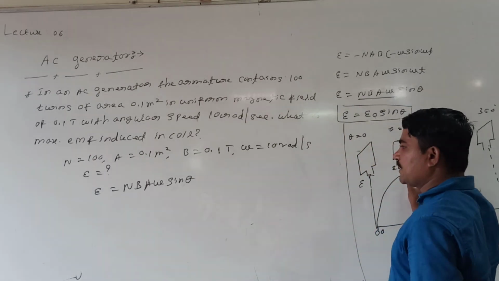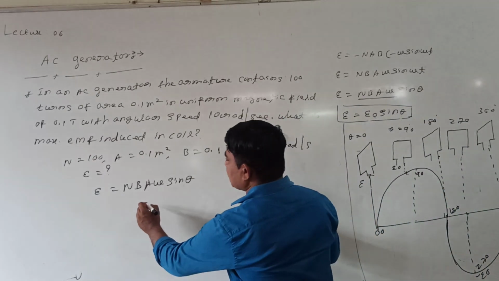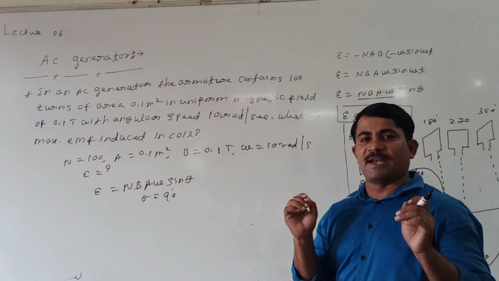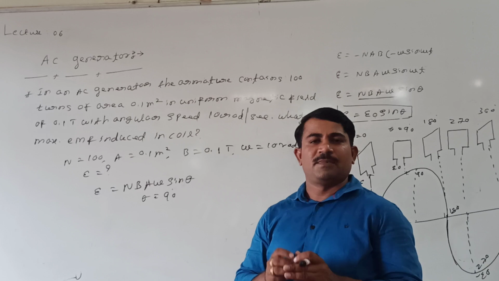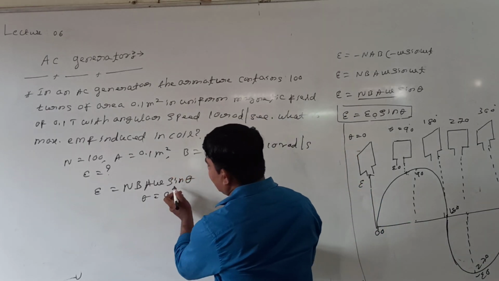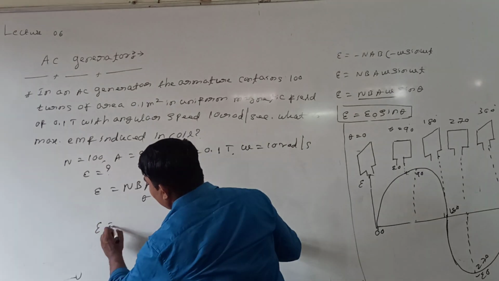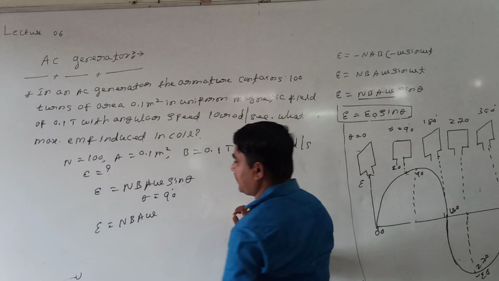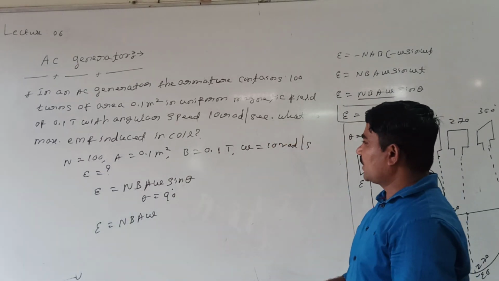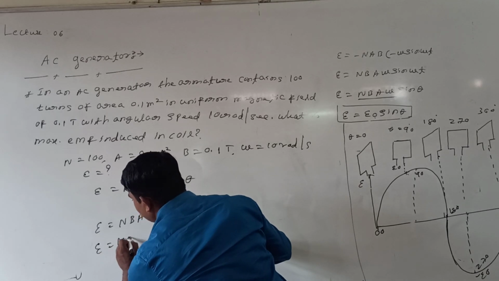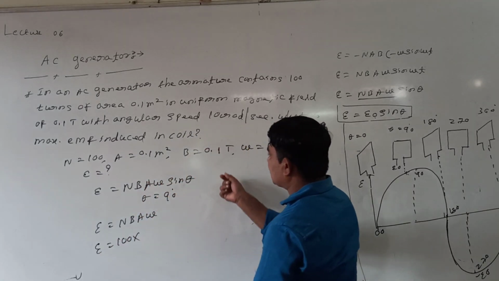Let us take here. EMF is maximum when theta is equal to 90 degree, I mean, when the plane of the coil is perpendicular to the direction of magnetic field. Look at it. Theta equal to 90, sin 90 is 1. Then what is remaining? E is equal to NBA into omega. What is N? N is 100.